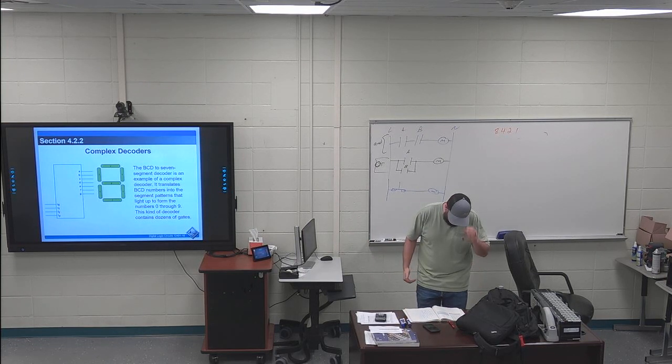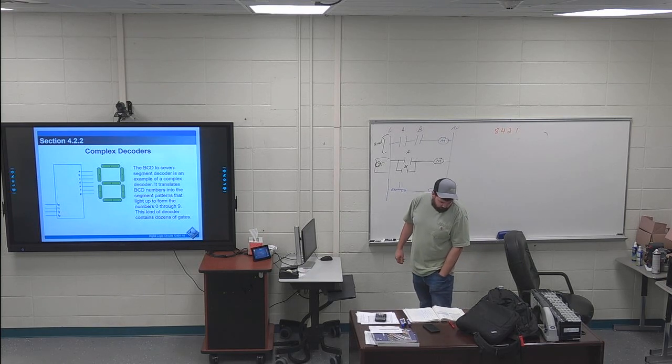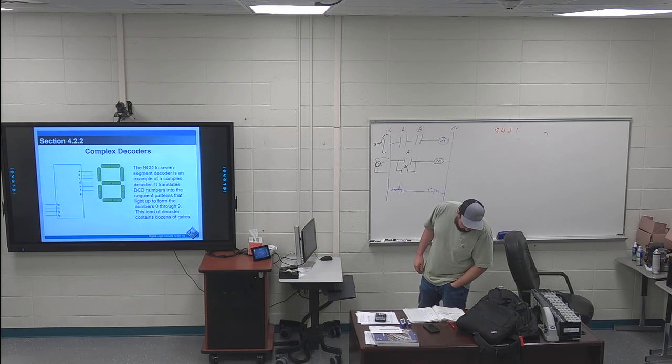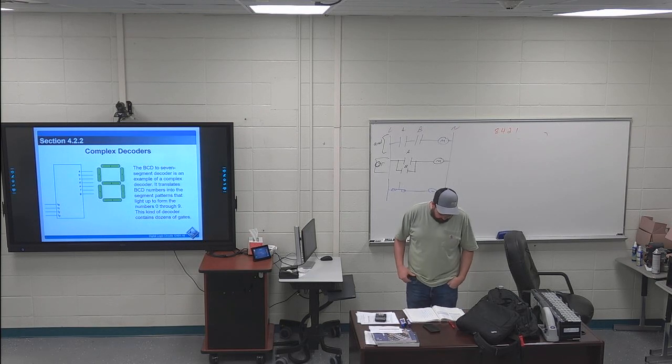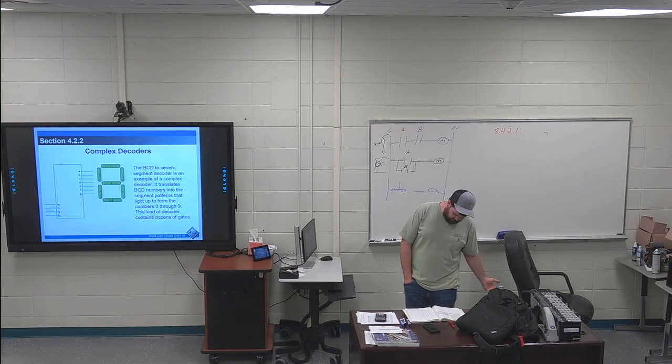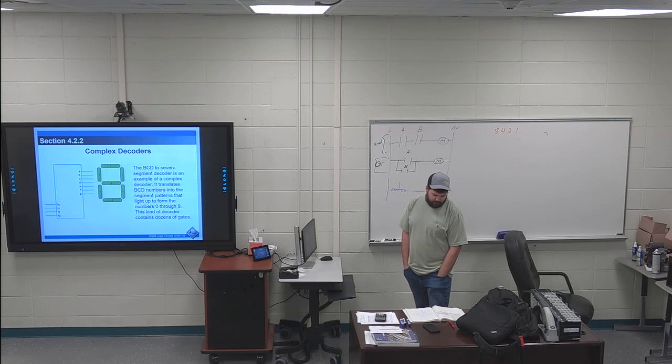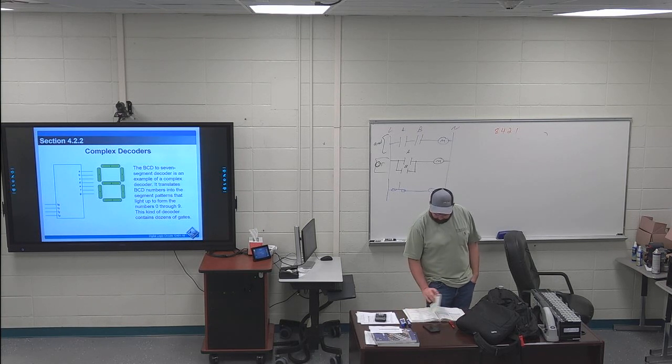The rest of the paragraph is also highlighted. These are made up of 7 bar-shaped LEDs arranged in the shape of the number 8. By lighting up specific segments, the numbers 0 through 9 can be formed on the display. Controlling one of these displays requires the decoder to take a binary number between 0000 and 1001, or 0 through 9 decimal, and translate it to the appropriate segment pattern for that number.